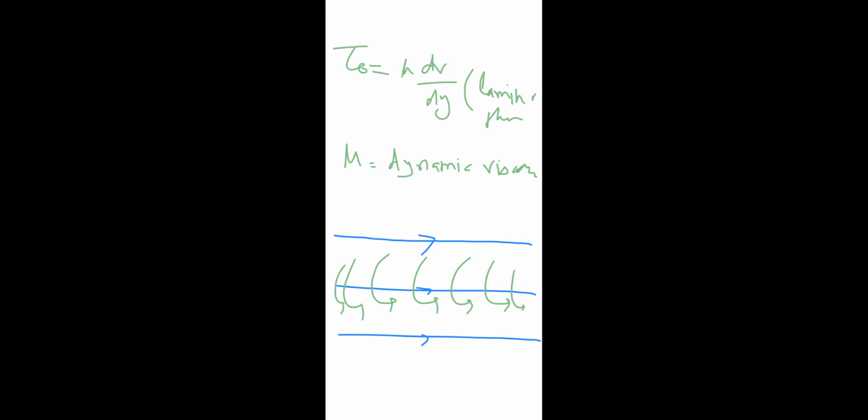Each layer generates eddy viscosity, and it is defined as the rate of mass exchange per unit area between adjacent layers. This can also be written as eta equal to rho w.